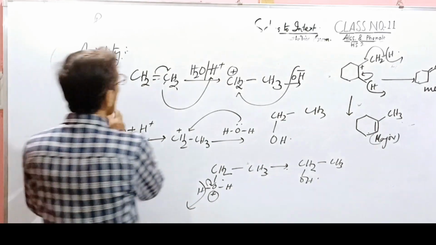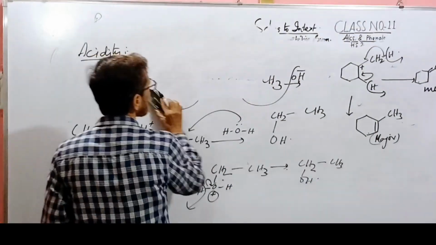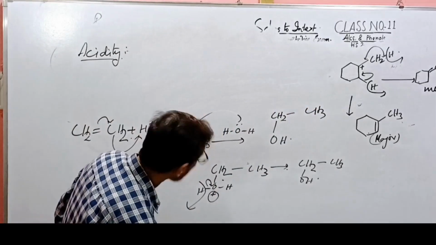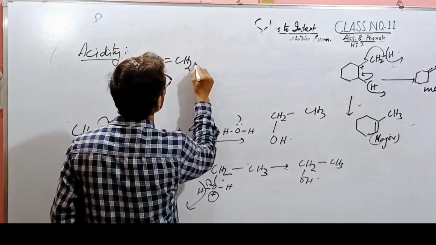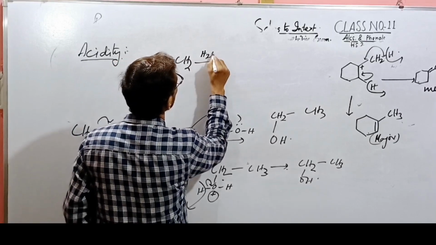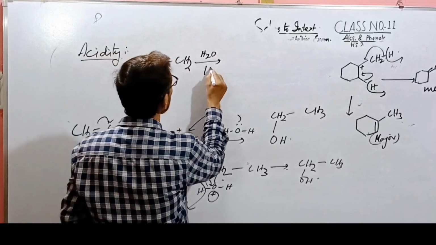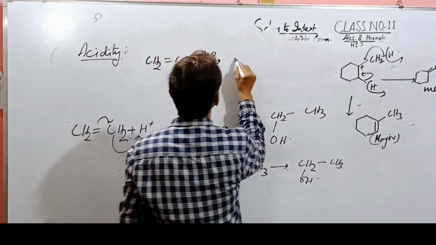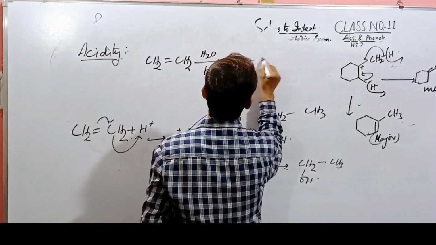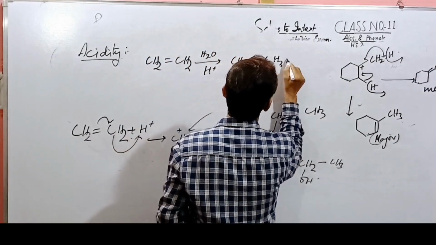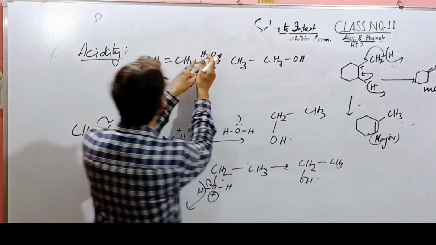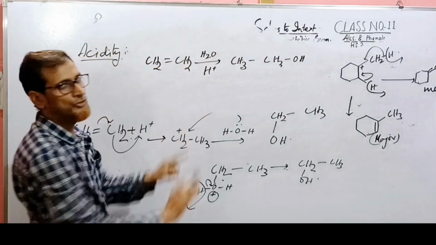So the main intention is that if I don't follow the mechanism, blindly I can write the answer as CH3 CH2OH, in any part H, any part OH.